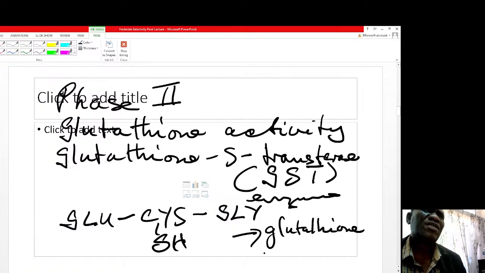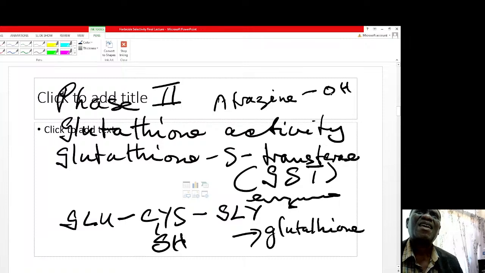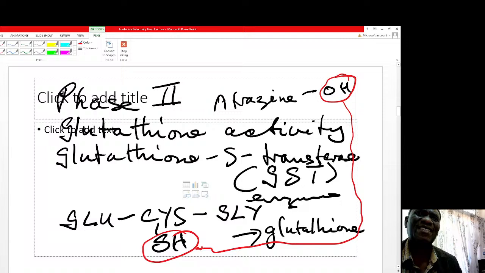Now, because atrazine now carries the OH, this OH is going to react with the SH, the OH here and the SH here. These are going to react like so.